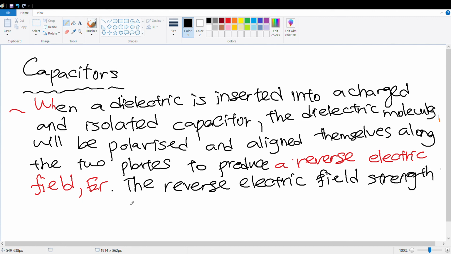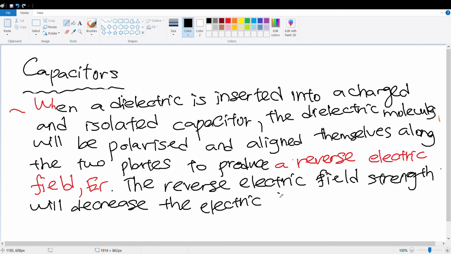The reverse electric field strength will decrease the electric field strength across the two plates.